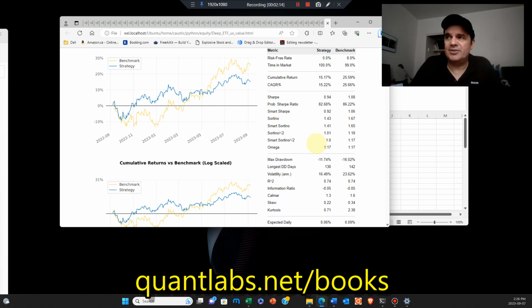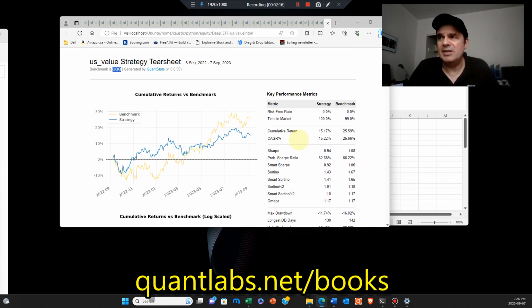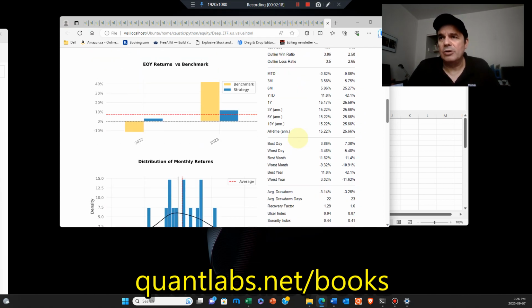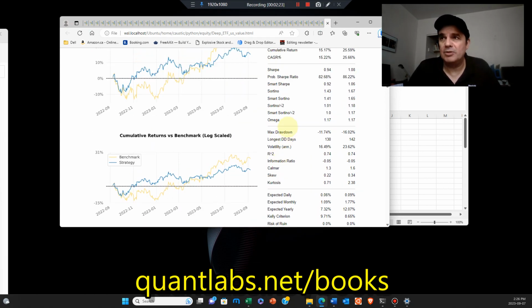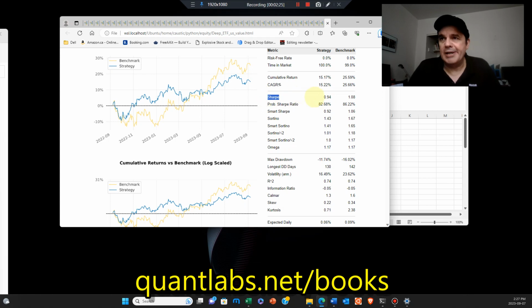Also in here, you'll find all the standard performance-based metrics. I'm not going to go into those, but there are two that most people use. There's the Sharpe ratio, 0.94 for the strategy, benchmark at 1.08. So it is underperforming the benchmark, the combined ETFs.